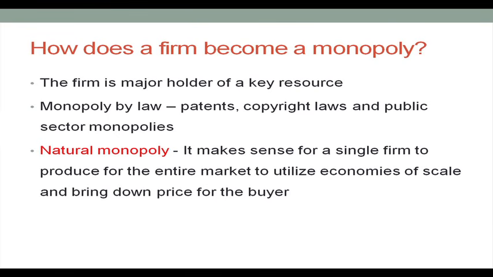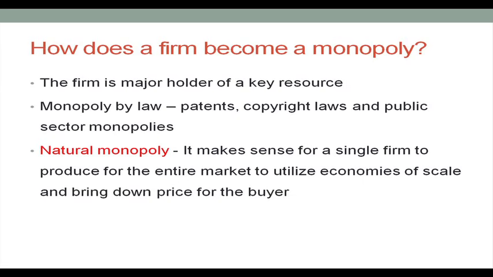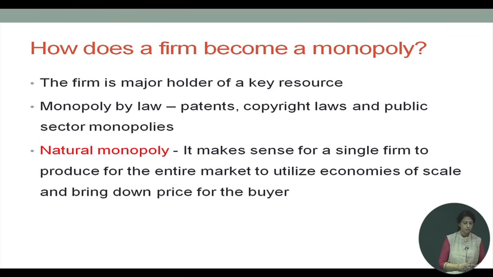Another kind of monopoly is the natural monopoly. Why do we call it natural monopoly? Because it makes sense for a single firm to produce for the entire market, to utilize economies of scale and bring down price for the buyer.